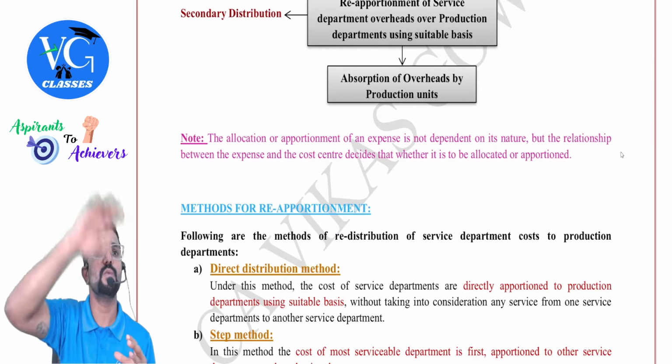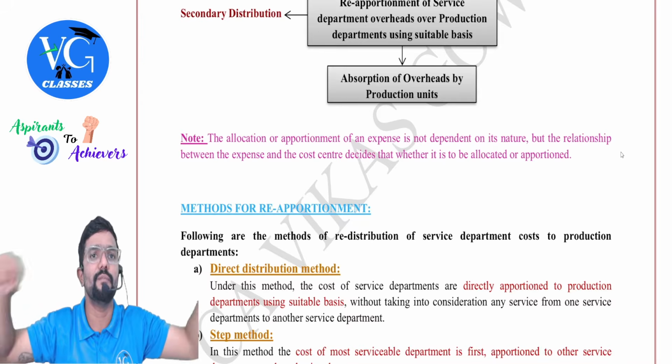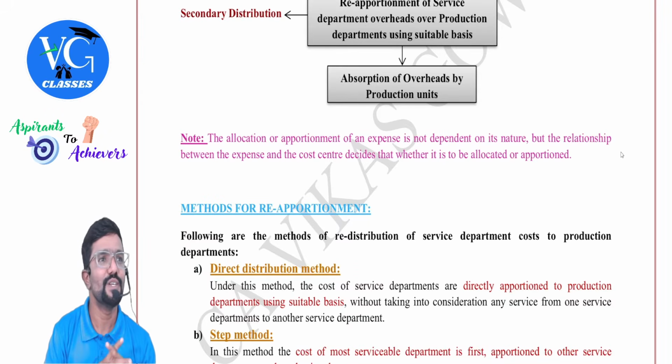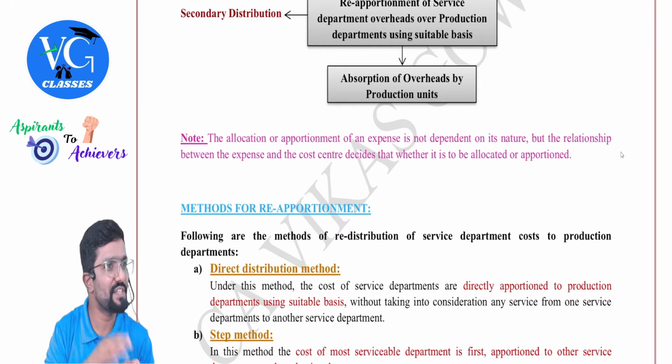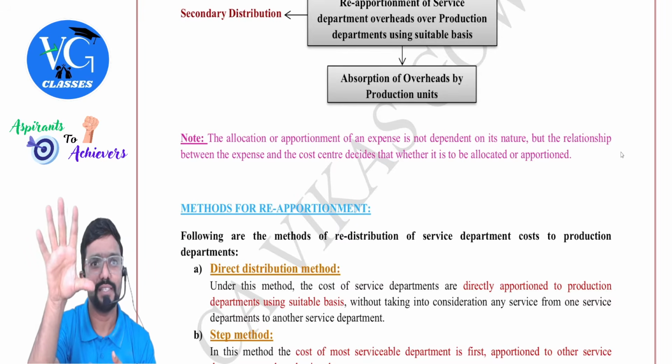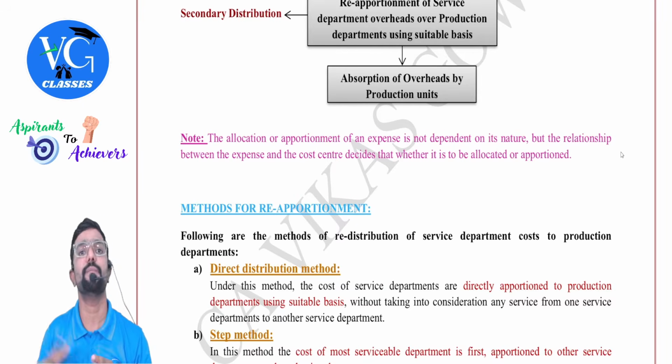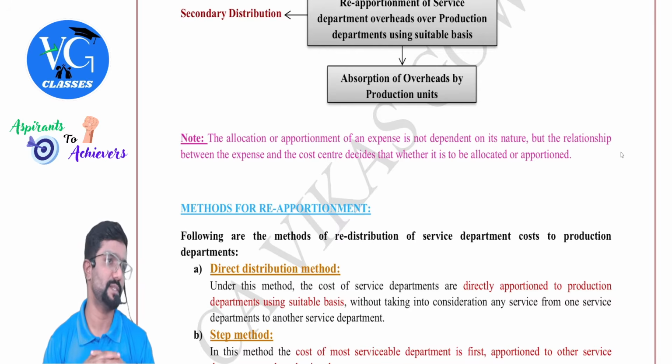There is one manager who is taking care of all departments. His monthly salary is 50,000. Should I do allocation or apportionment? Apportionment. On what basis, sir? Simple. He is giving his time to the organization. That is why we are paying him 50,000. You check how much time he is dedicating to each department. That would be the basis, guys.